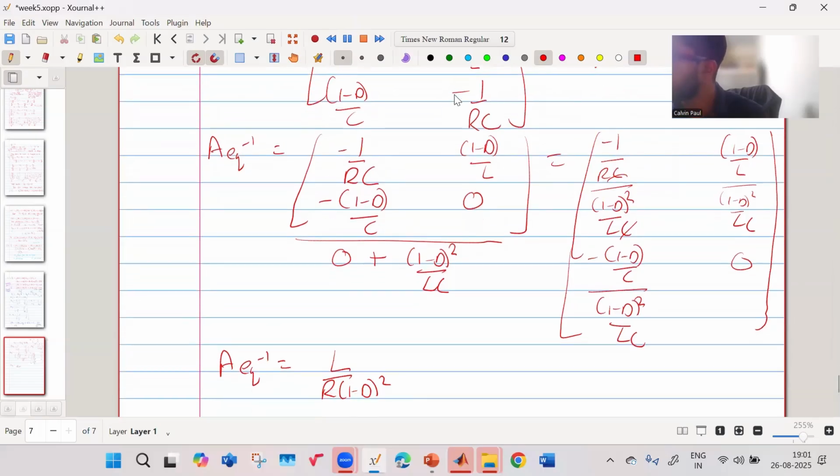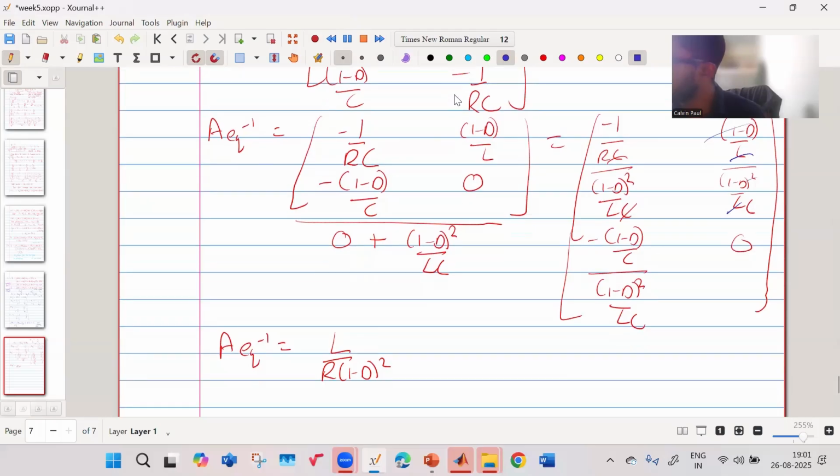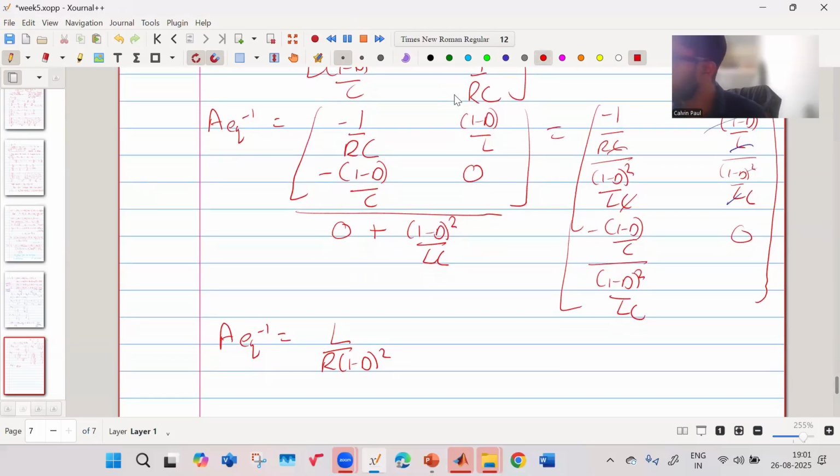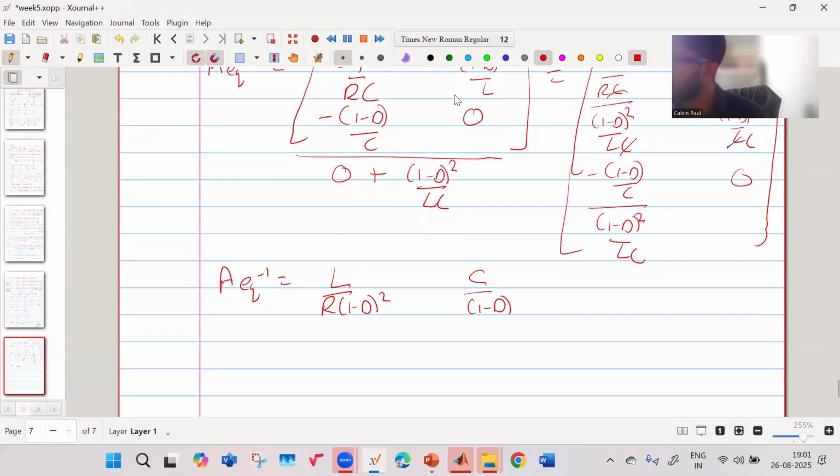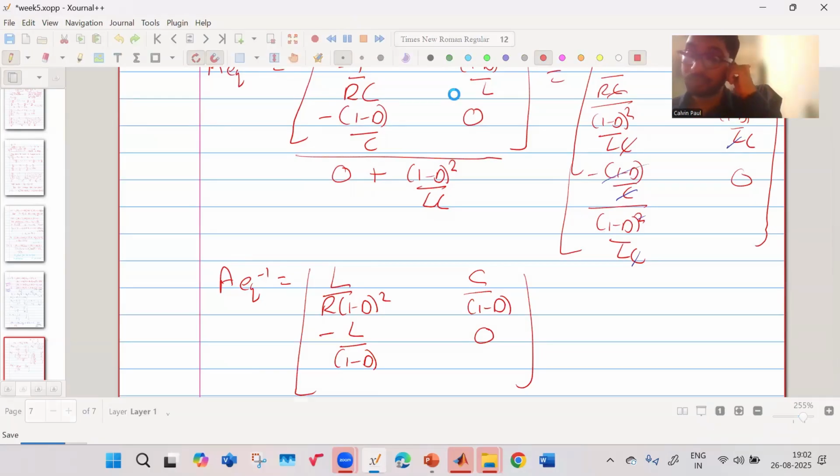Here again L and L get cancelled, and 1 minus D cancels, so it becomes C upon 1 minus D. In this case, C and C get cancelled, 1 minus D gets cancelled, so it becomes minus L upon 1 minus D, and this is our 0. So these are A equivalent inverse. Any doubts in this?